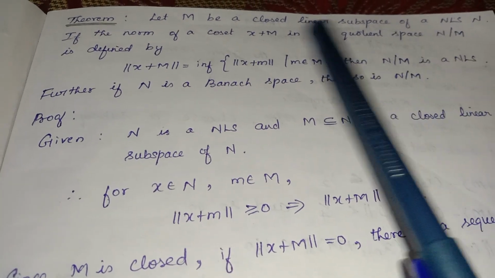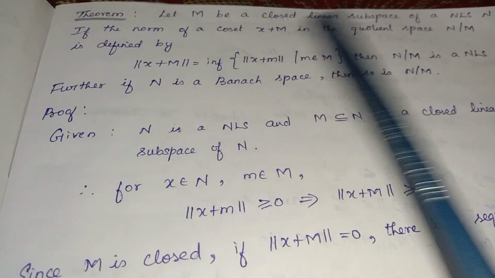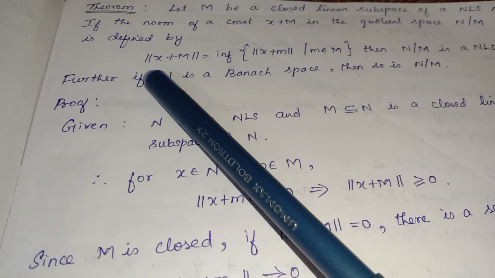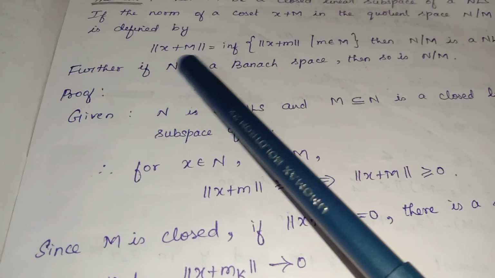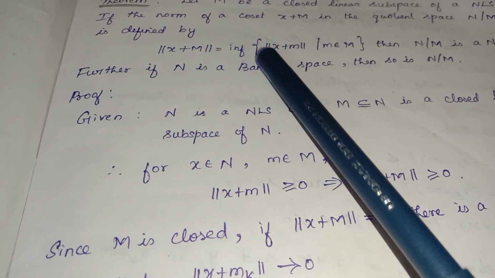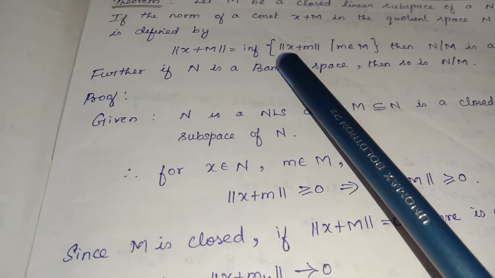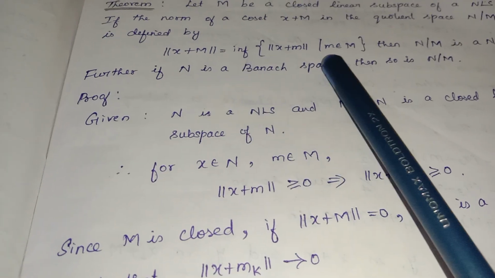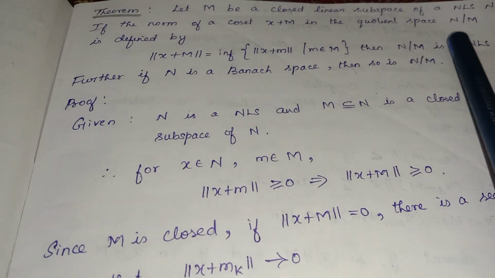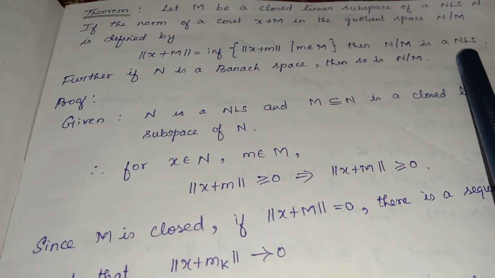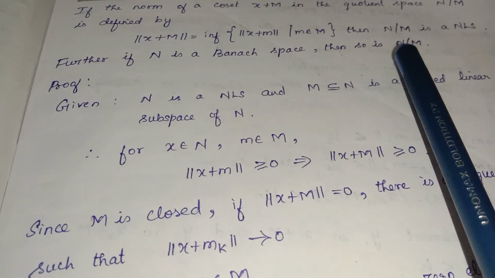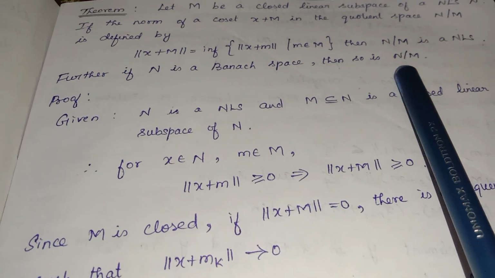In that one, I am defining the norm. How will you write the elements of N by M? X plus M, where x is an element of N, and the norm of x plus M is equal to the infimum of the norm of x plus m, where m varies over M. With respect to this norm, N by M will become a normed linear space. Suppose N is a Banach space, then N by M is also a Banach space.